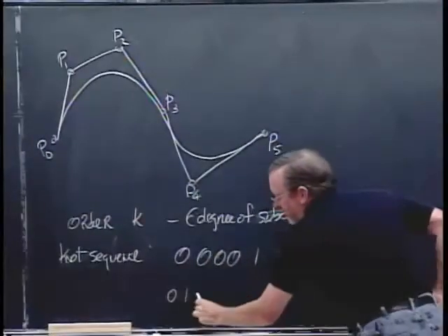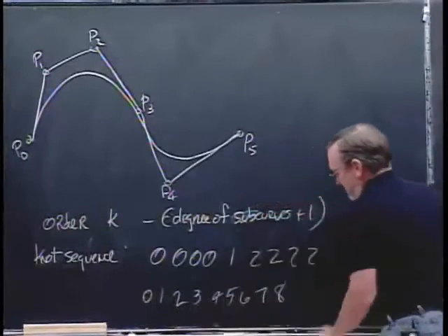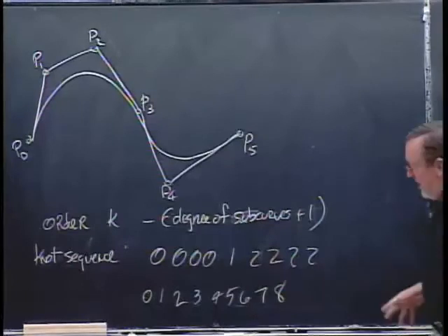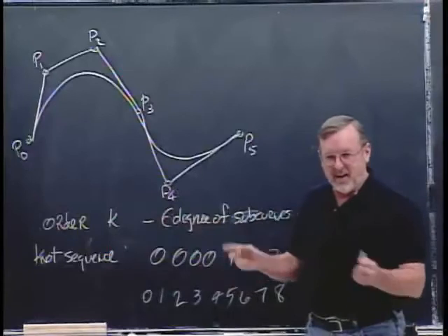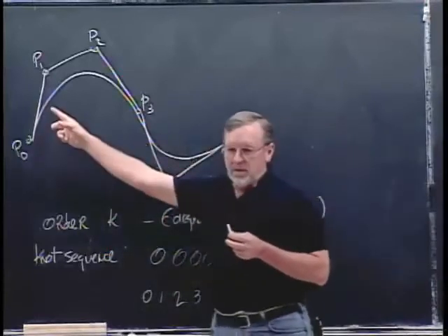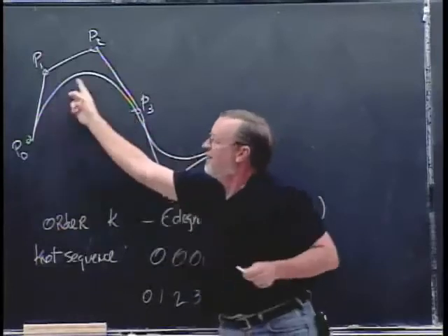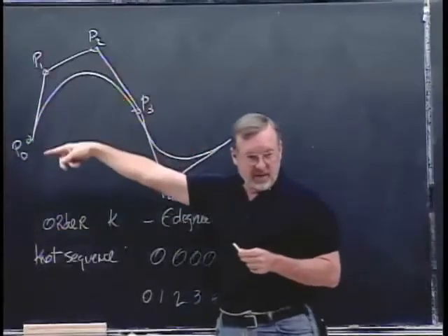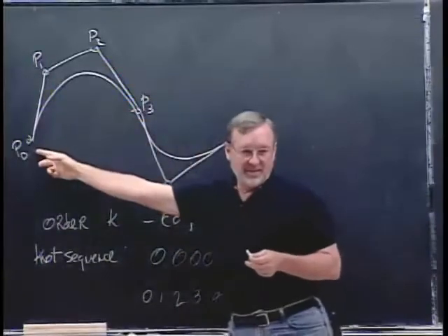Here's a uniform knot sequence. Now, I drew this particular picture so you can get an idea how this goes. I meant this to be 2 cubic pieces pieced together nicely. That's the way I meant it. And it goes through the endpoints.